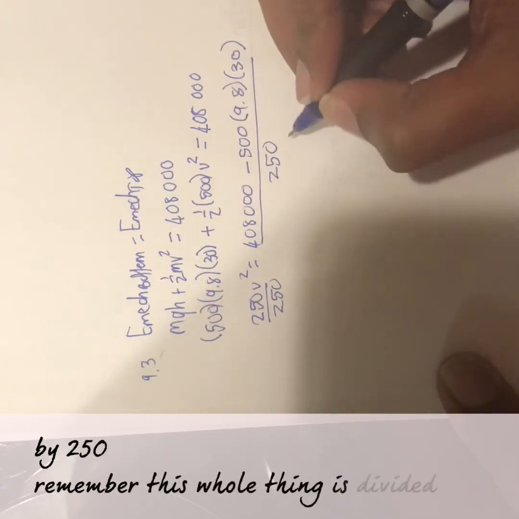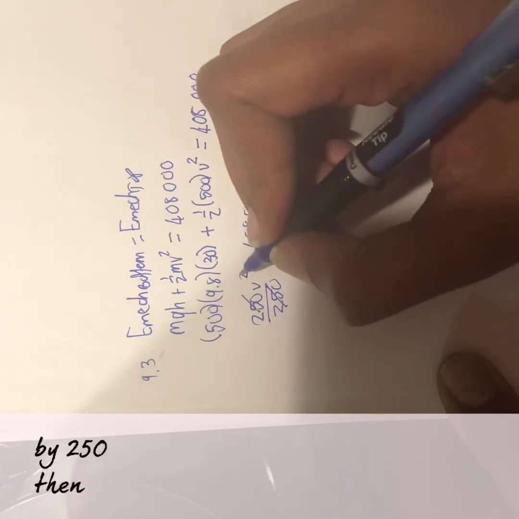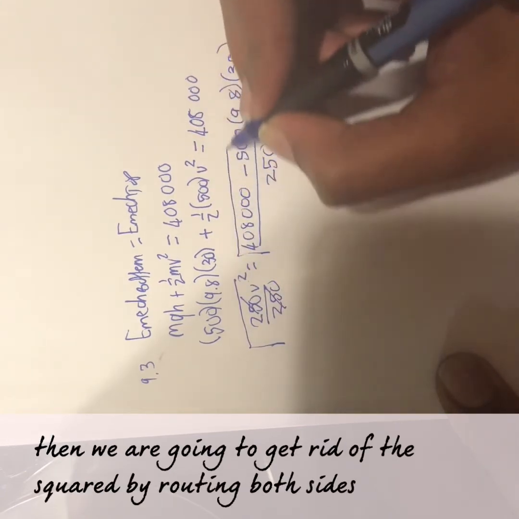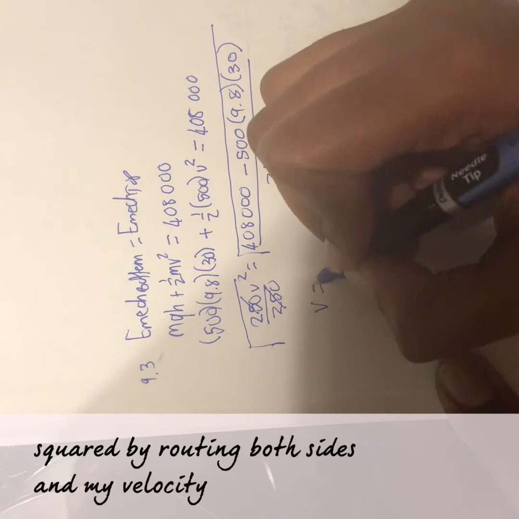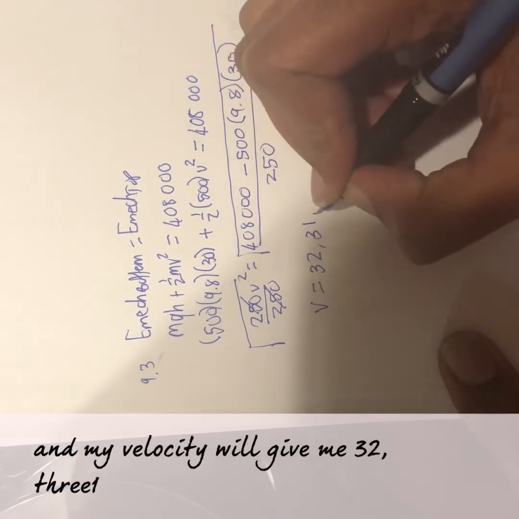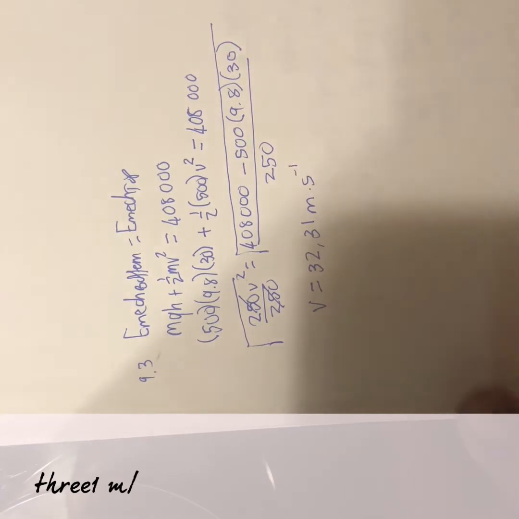Remember, this whole thing is divided by 250. Then we are going to get rid of the squared by rooting both sides. And my velocity gives me 32.31 meters per second.